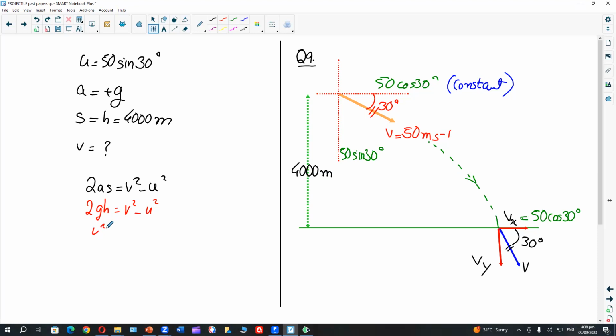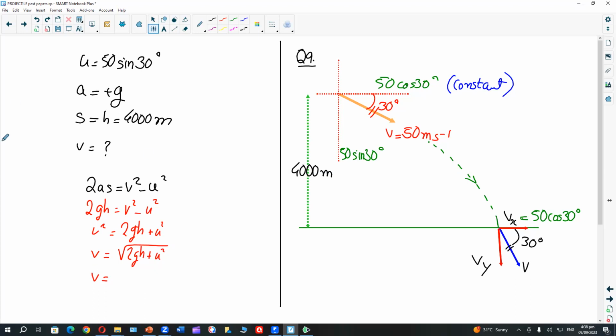Sir, what I calculated, I'm getting 25.38 as the value of V. So that's not wrong, this is the method I used. I put the values and I made V the subject. Yes, then it is correct. 50 sine 30 squared is 625.